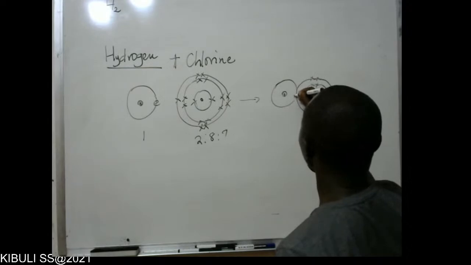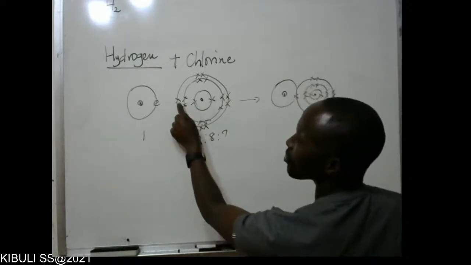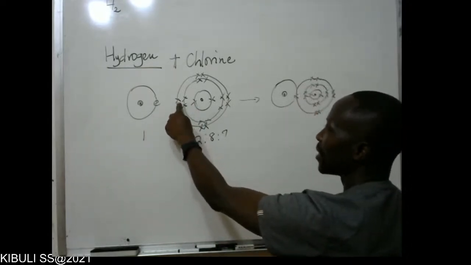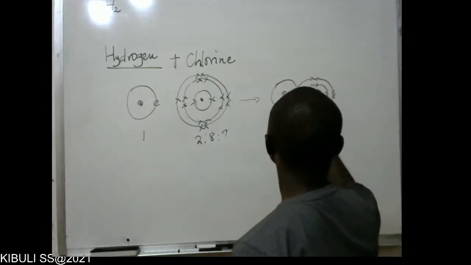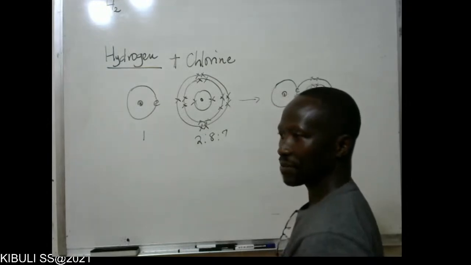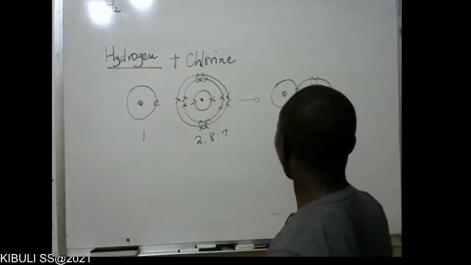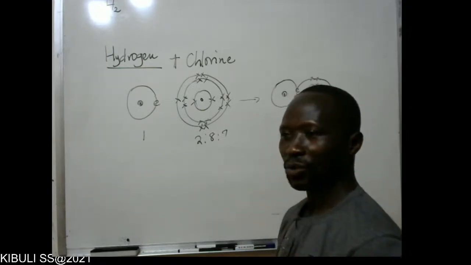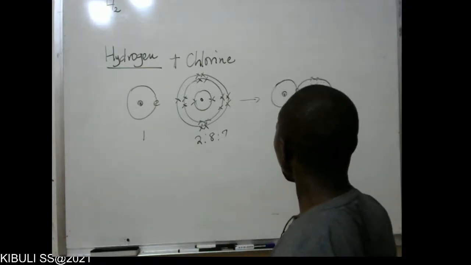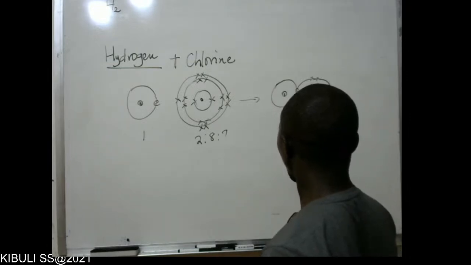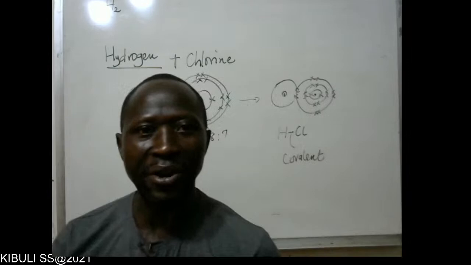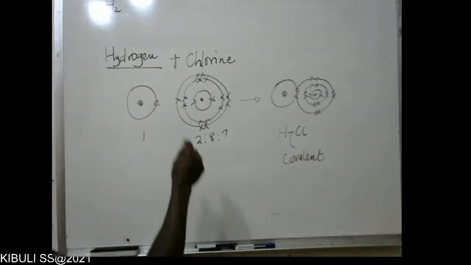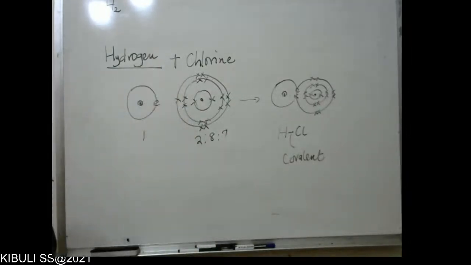These are the 7 electrons. But hydrogen has also contributed 1. So if hydrogen has contributed 1 electron, therefore, we have this as X. And if you remember very well, we said hydrogen is interacting with chlorine to form hydrogen chloride with a single covalent bond.